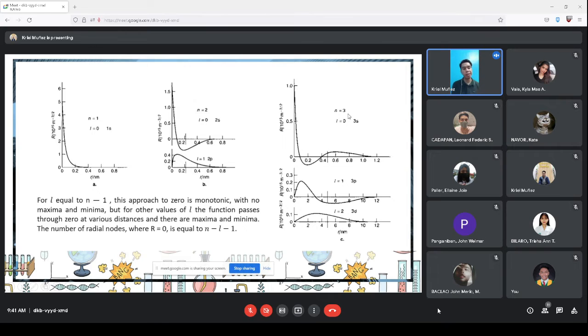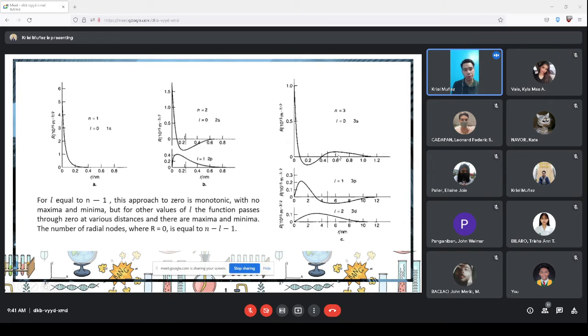And then for n is equal to 3, we have three different L values: L is equal to 0, 1, and 2. For n is equal to 3, L is equal to 0, that's your 3s orbital. You can see it has a node here. When we say node, class, the value is really 0. So it has a 0 value at this point, and then another 0 value at this point.